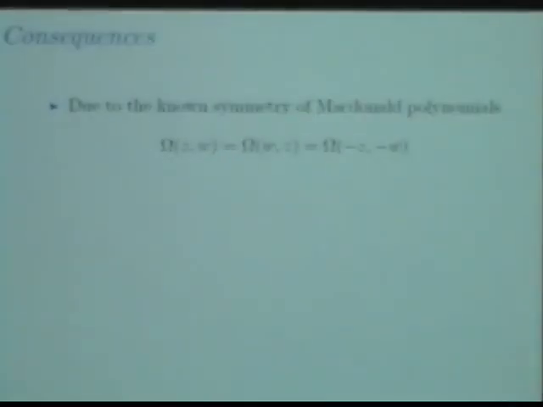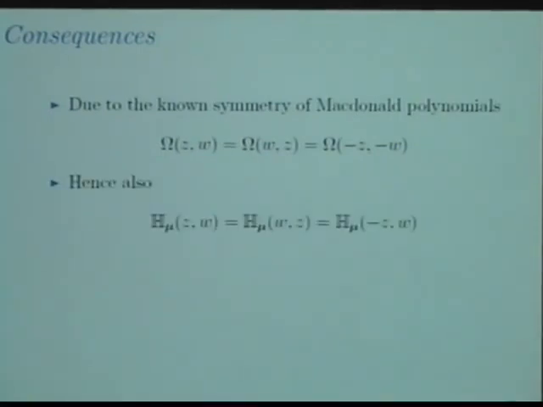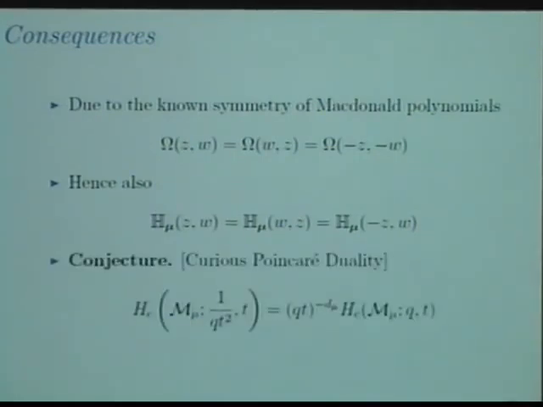The Macdonald polynomial satisfies a symmetry, which translates into these omega functions behaving like this. You switch z and w, it remains the same. You change the sign, it remains the same. So what that means is that the H mu hat satisfy the same property. And you get this strange conclusion that if our conjectures are true, then we should also have this property about the mixed Hodge polynomial. And this is what you expect.